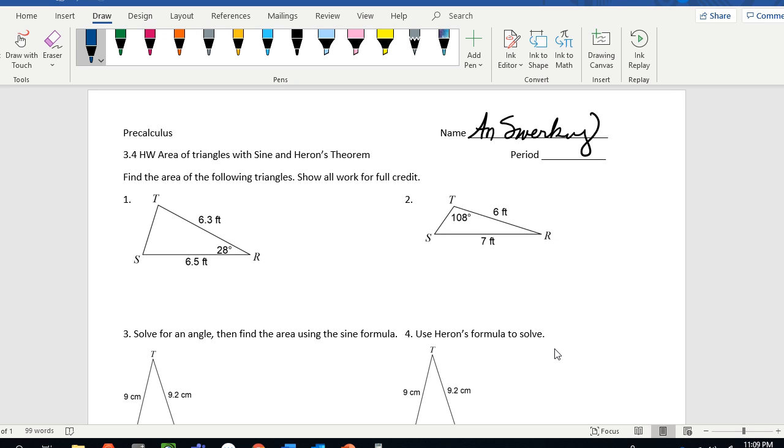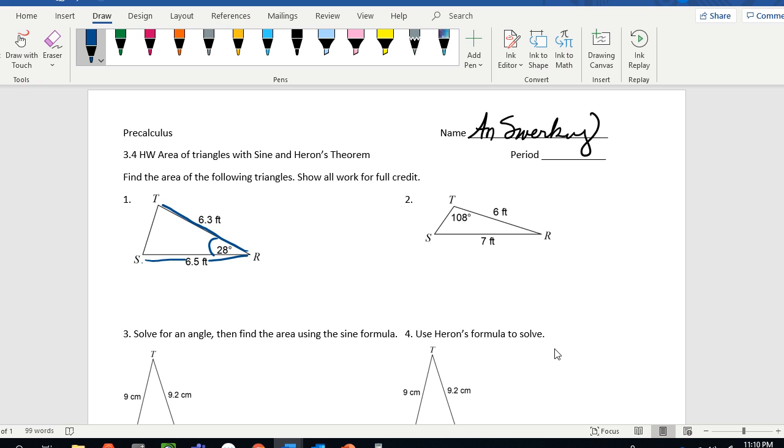Okay, so on the ones that I can, I'm going to set these up for you because I have the key posted, but you may want a little bit more explanation or a few more examples on working out these problems. So finding the area, notice that here I have this side and I have this side and I have the included angle.